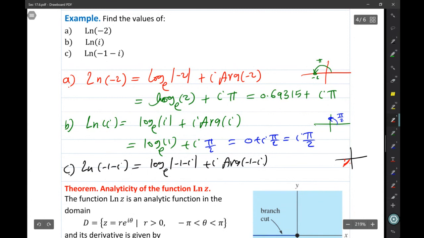If we go in this direction, counterclockwise, it will be more than pi. But I have to go clockwise, so it is minus 3 pi over 4. So we get logarithm of square root of 2 with base e plus i times minus 3 pi over 4.